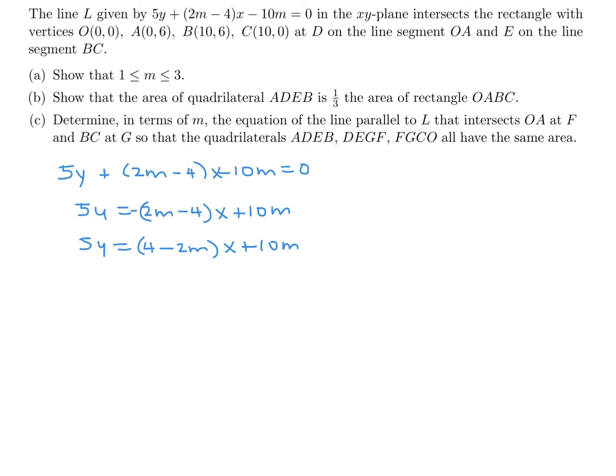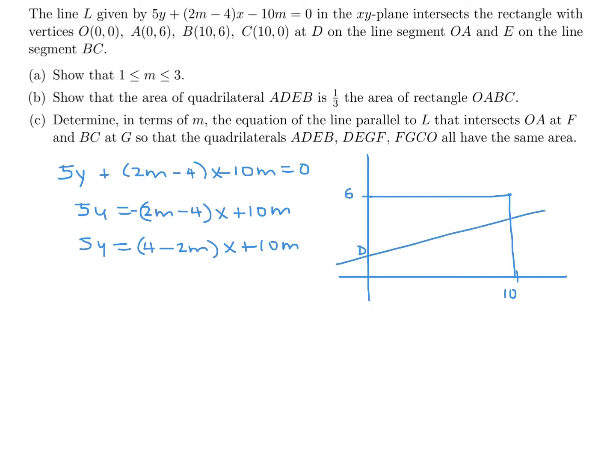Okay, so my D, according to what they have written, if I draw a little diagram here, we've got 6 approximately here, 10 approximately there, and therefore we've got this little rectangle. And they're saying that there's this line that kind of cuts like this.